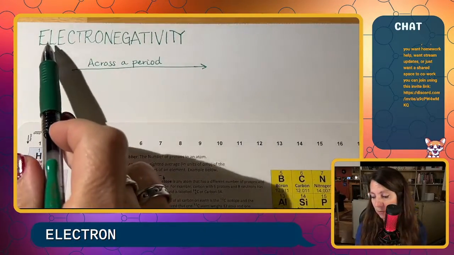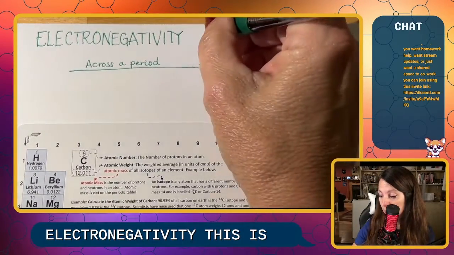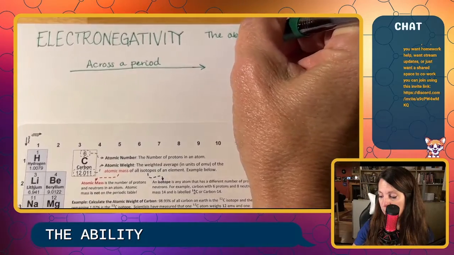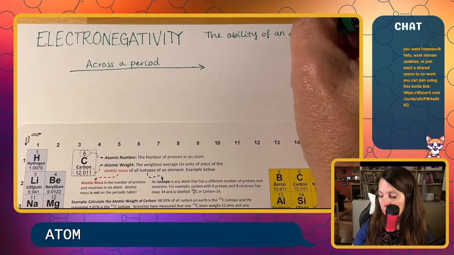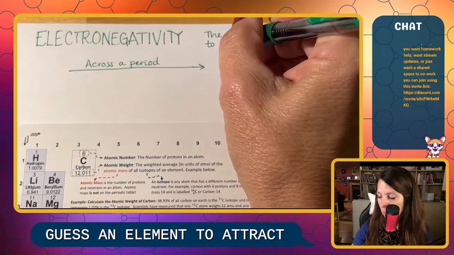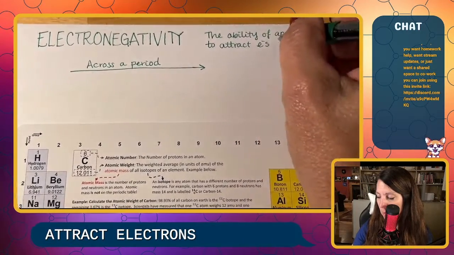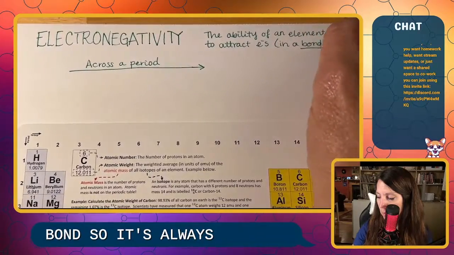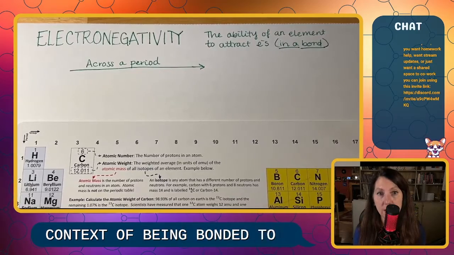But with electronegativity, this is the ability of an atom, I could say an element, to attract electrons. And again, in a bond. So it's always in the context of being bonded to something else.